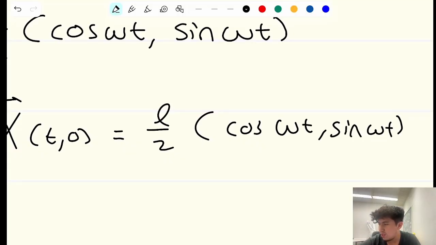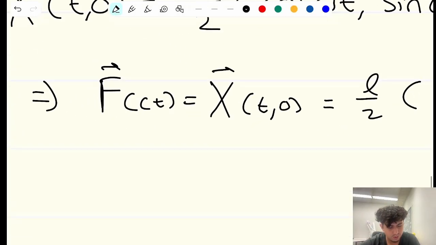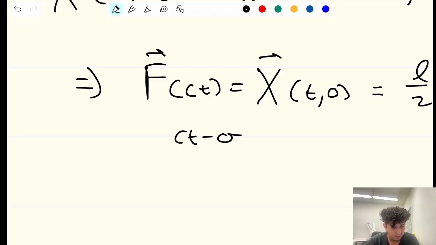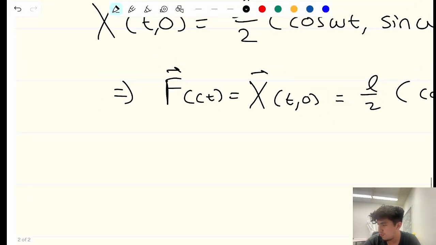Here I'm just doing boundary conditions. We know that f of ct, or this could be u, is equal to x t, but at 0, at one of the endpoints. There was a minus sigma if you wanted to see the whole expression, but right now we're considering only the endpoint that is at 0. Cool.